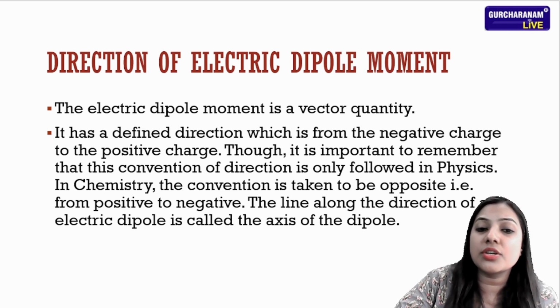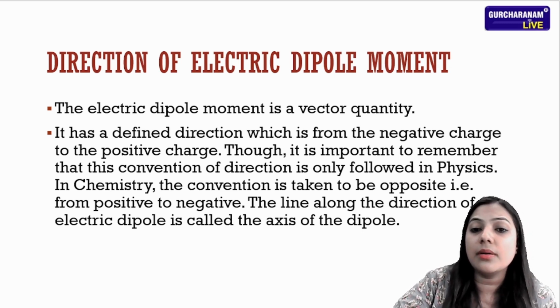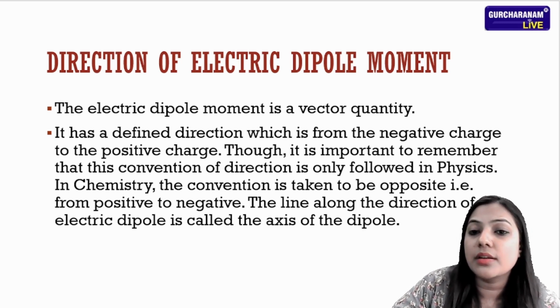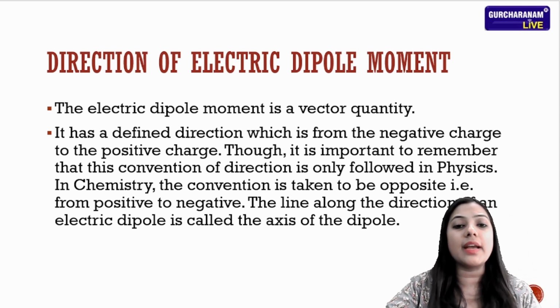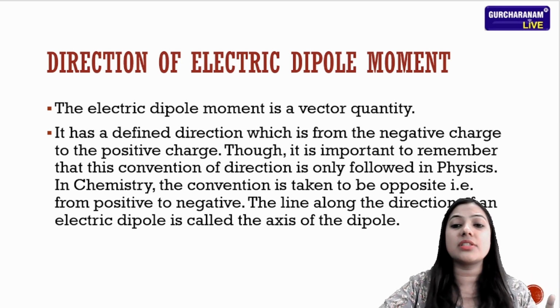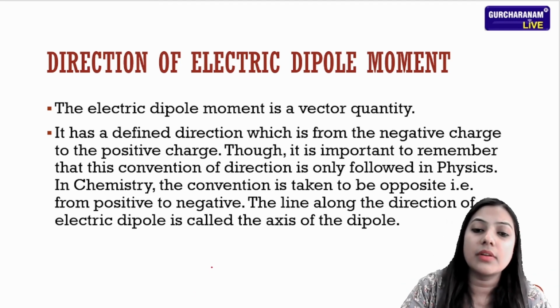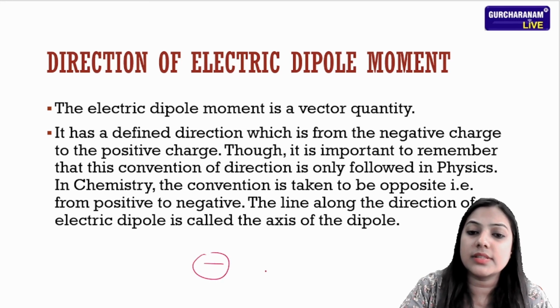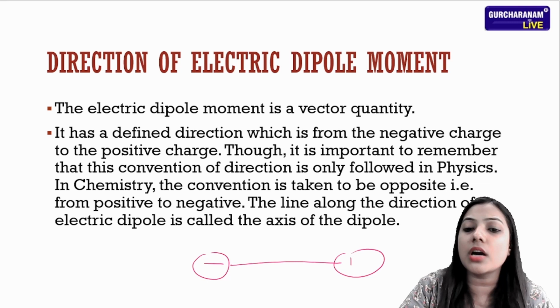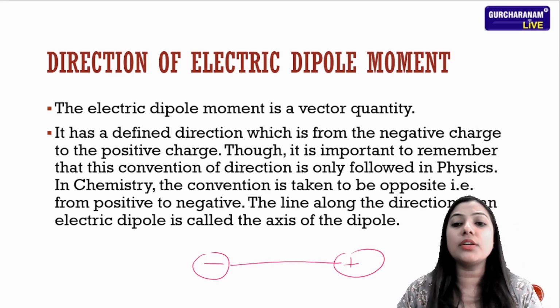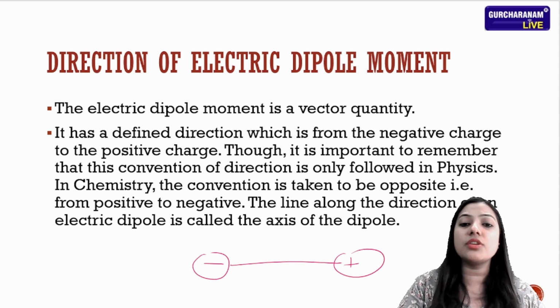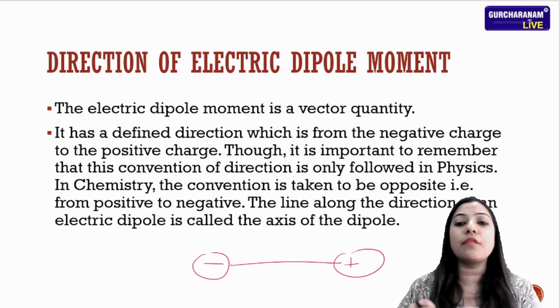It has a defined direction, which is from the negative charge to the positive charge. All electric dipoles have a defined direction, negative charge to positive. It is important to remember that this convention of direction is only followed in physics.